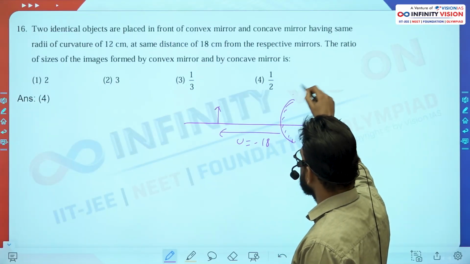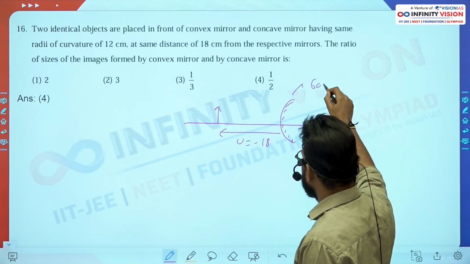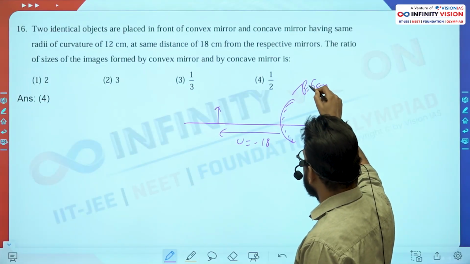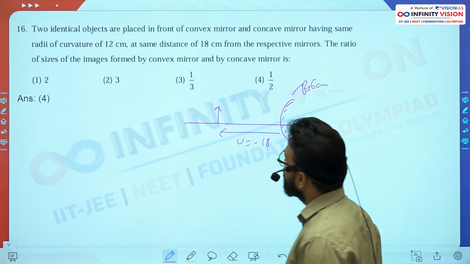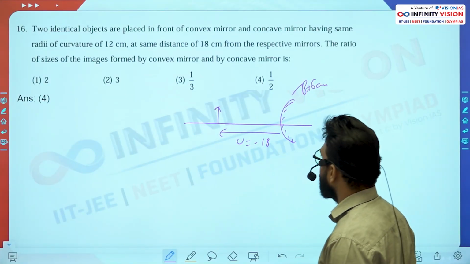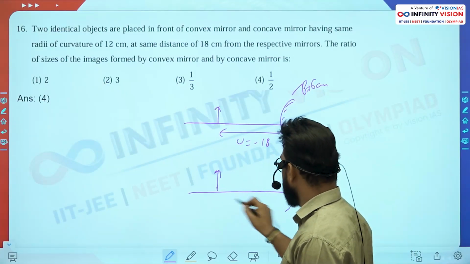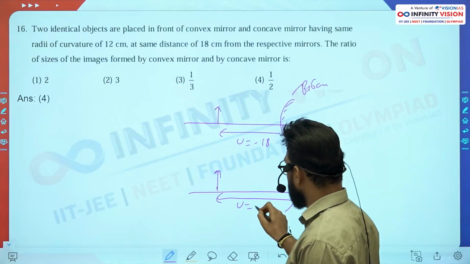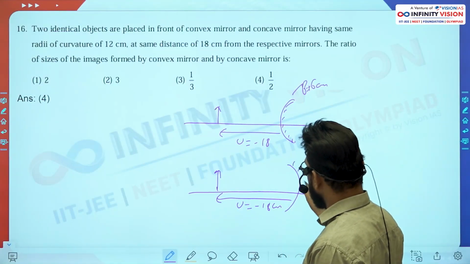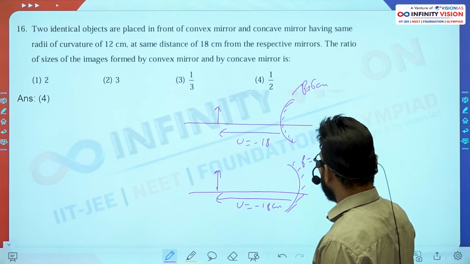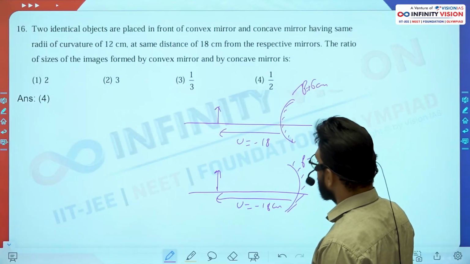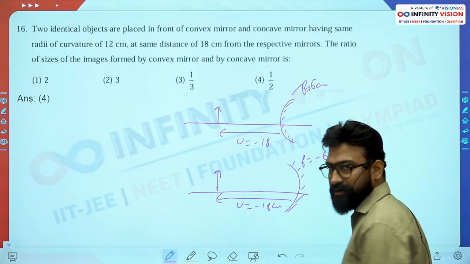It has a radius of curvature of 12, so that means 6 centimeter is the focal length, so plus 6. In another case you have been given a concave mirror, at the same distance the same object is placed. It would have the same radius of curvature, so this would be minus 6 centimeter.